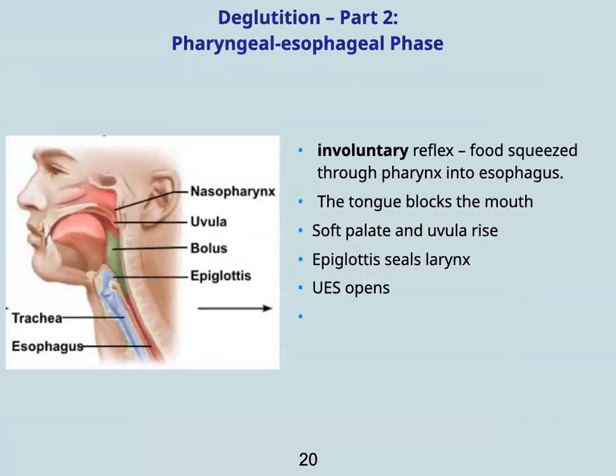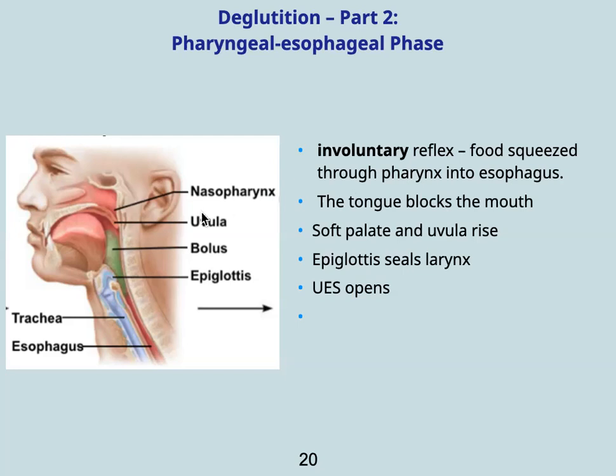Following the buccal phase, we move on to a lengthier phase called the pharyngeal esophageal phase. And in the first part of this longer phase, okay, the food is squeezed through the pharynx into the esophagus. Okay, and this involves an involuntary reflex.